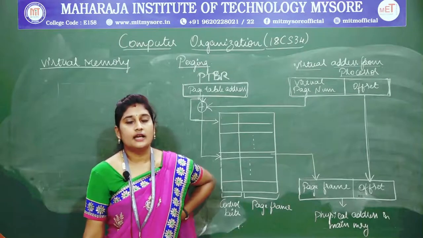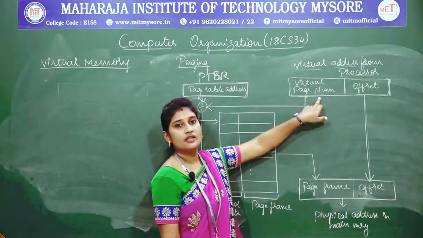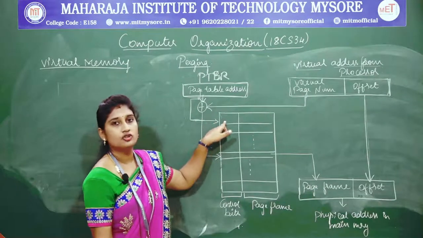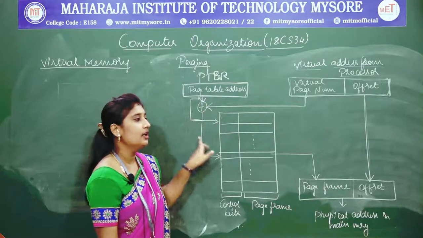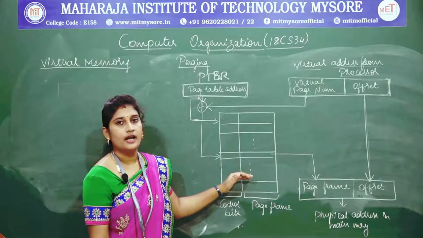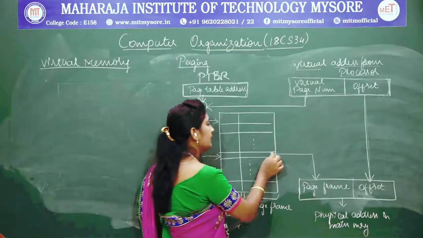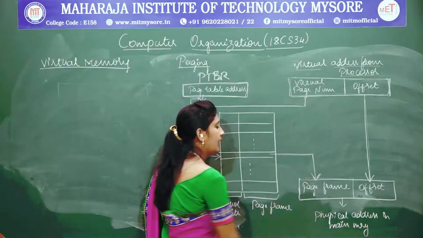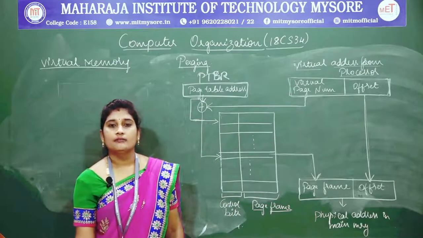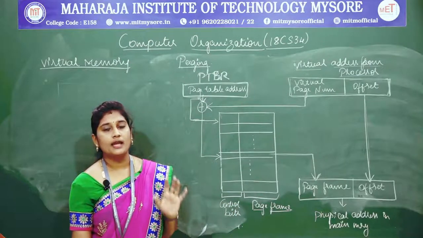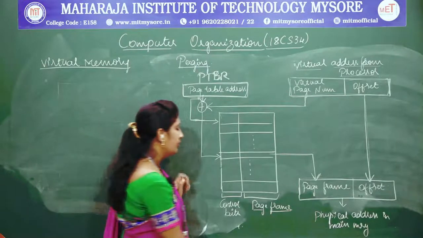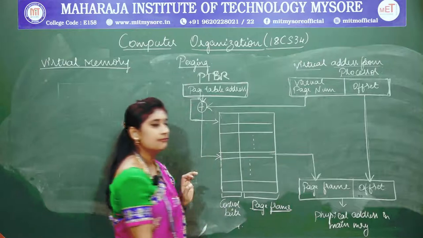The virtual page number is added to the contents of the PTBR to find the entry in the page table. Once you find the entry in the page table, its contents give the page frame. A page frame is the part of main memory that is responsible for holding one page at a time.